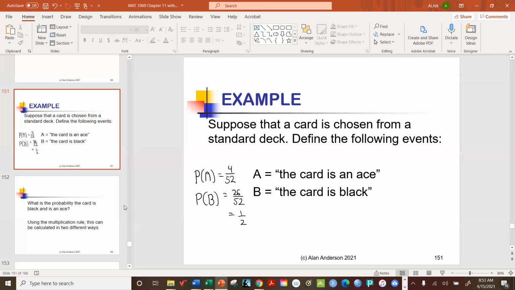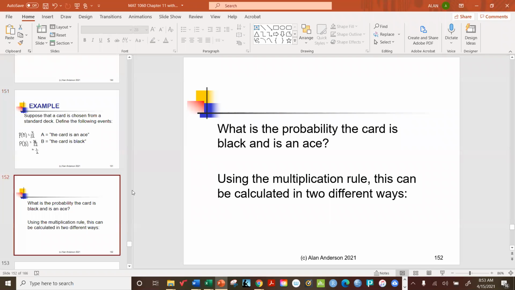All right, now, what question are we being asked, though? What's the probability that the card is black and is an ace? So that's the probability of B and A.